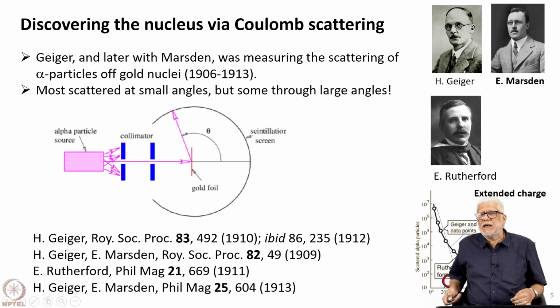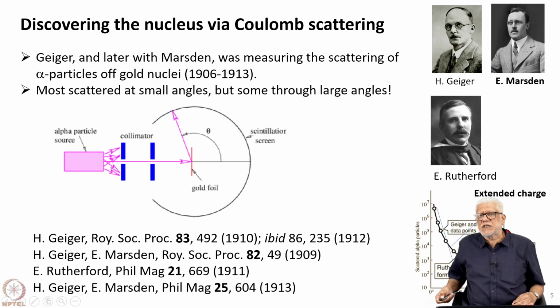If, on the other hand, the charge is extended to, let's say, the size of an atom, or a fraction of an atom, 10 times smaller than an atom, then you get a much faster falling scattering probability. So, the fact that you have large angle scattering is the key. It is not the small angle scattering that tells you very much.